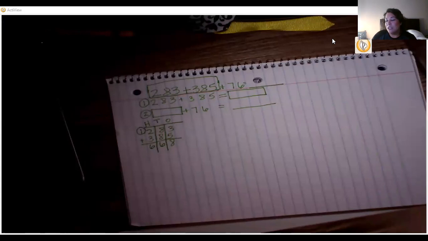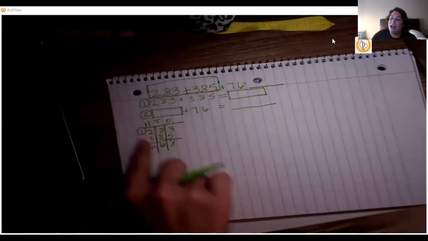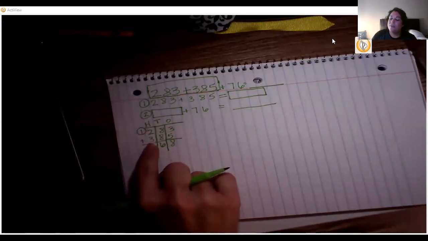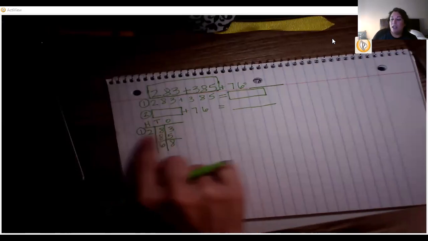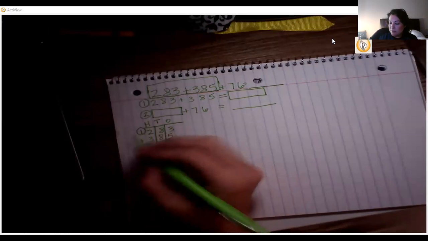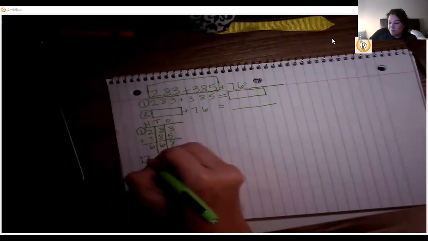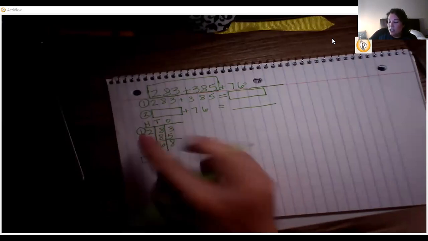And a little trick that I like to do, just to make sure my number is about right, is to take a look at how many hundreds I have. Now this was an addition problem, so I know my number should be bigger than what I started with. I started with 2 hundreds, and 3 hundreds.